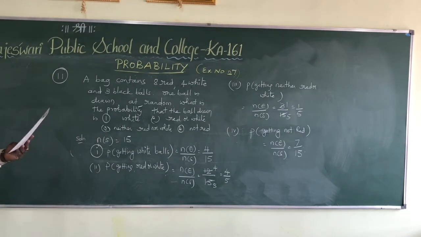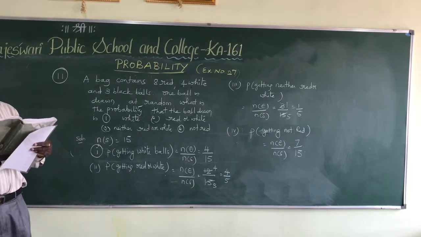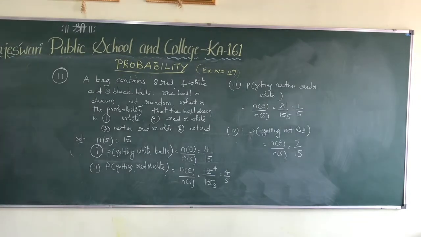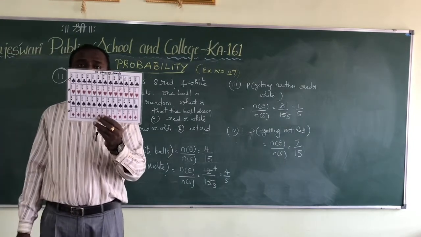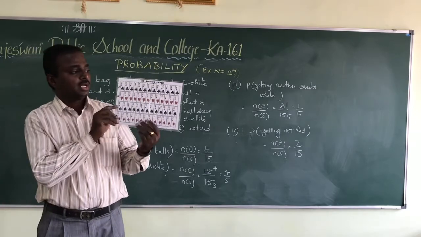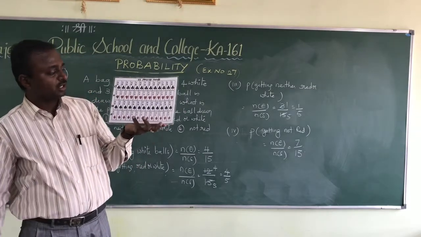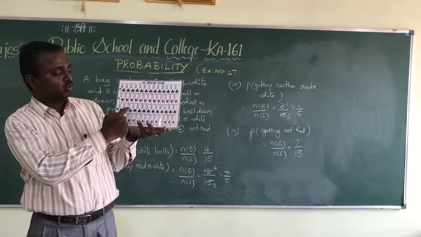So we will move on to the next question, that is question number 13, related to playing cards. So here 52 playing cards are there. So 52 playing cards are divided into 4 suits.